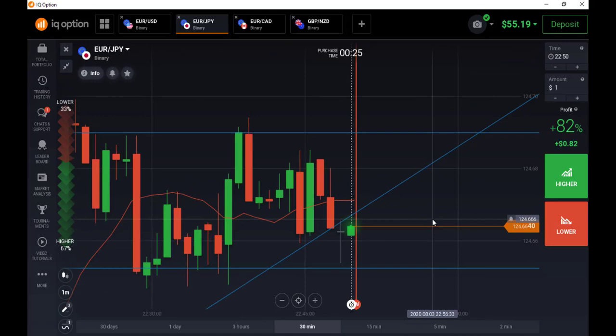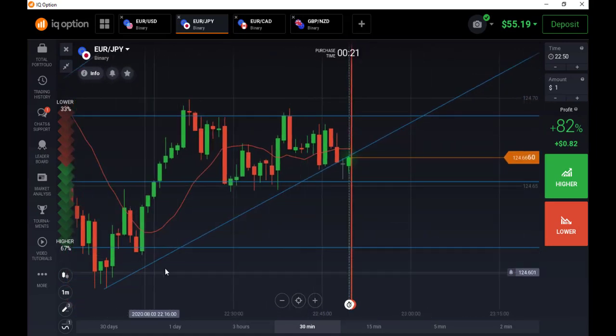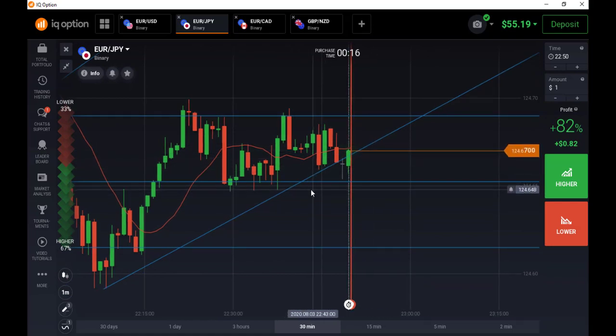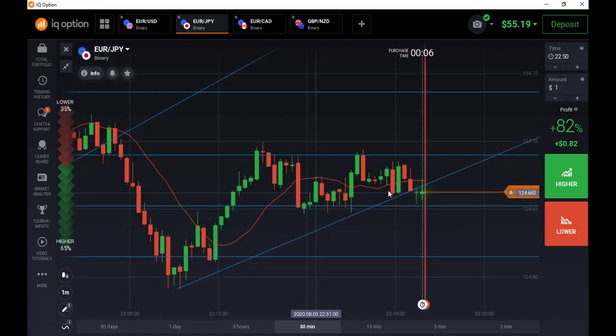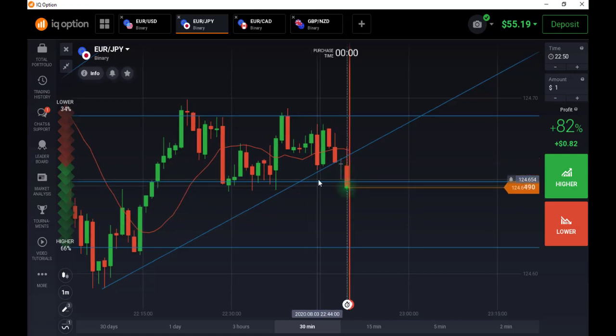This should be a support? Yeah, that is a support actually. That's why it's going up. But it is not a good point anyway.